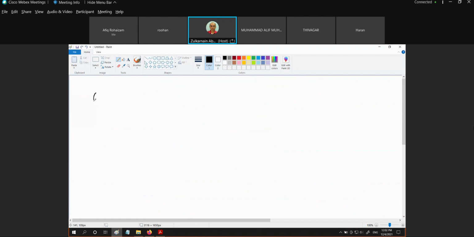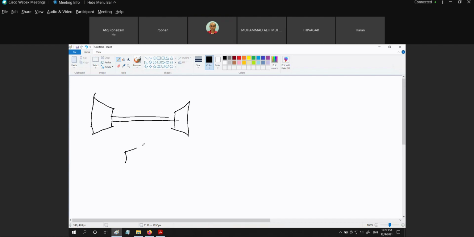The first shaft is going to drive our compressor. The second shaft is going to drive our W net. Let's say in this case, I'm putting an electrical generator as our interest.